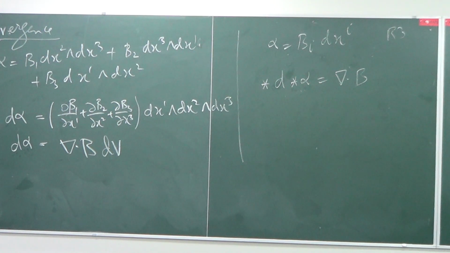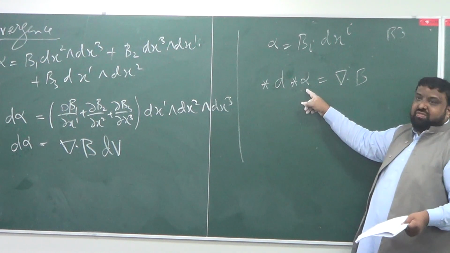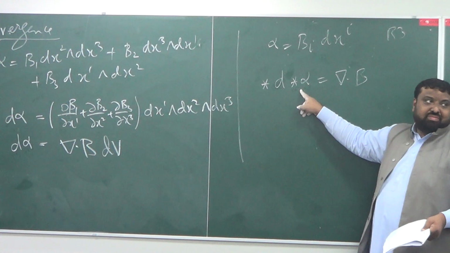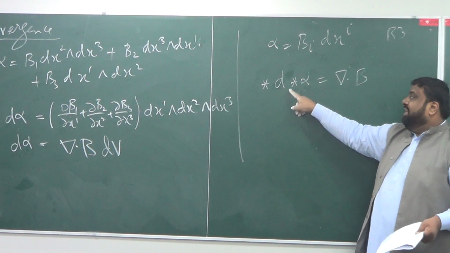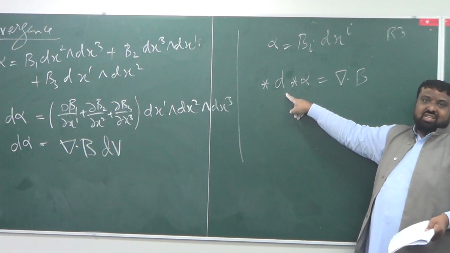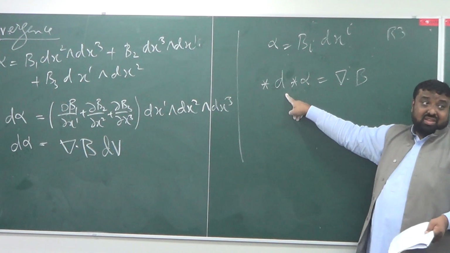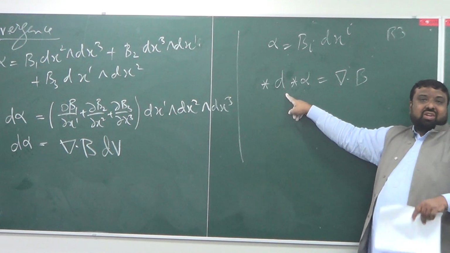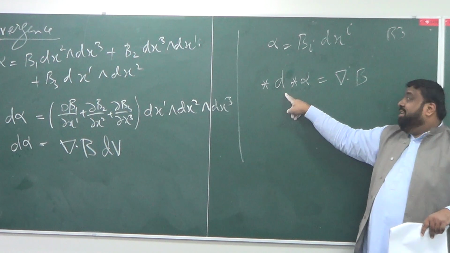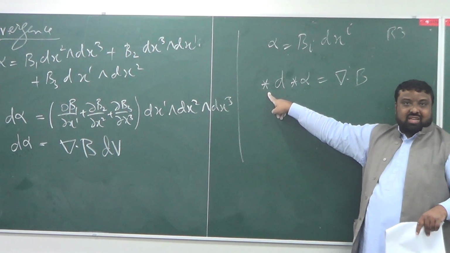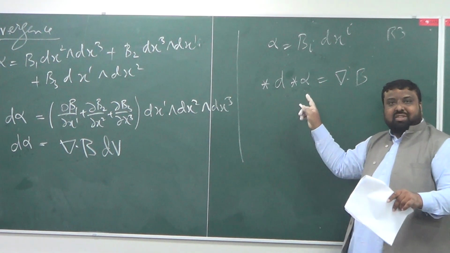So show it. And that zero form is divergence. So alpha is a 1-form, star is making it a 2-form. You operate d on it, it's going to make it a 3-form. And you have a 3-form and you are inputting it into a star operator. So it's going to throw it into what?